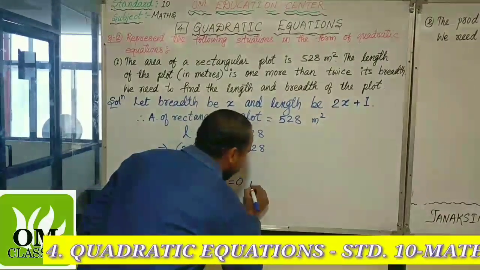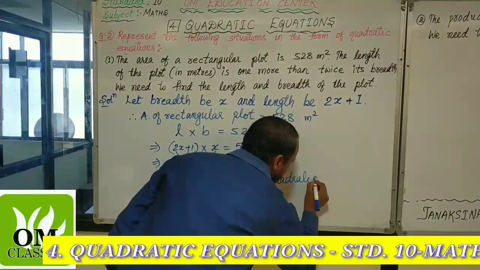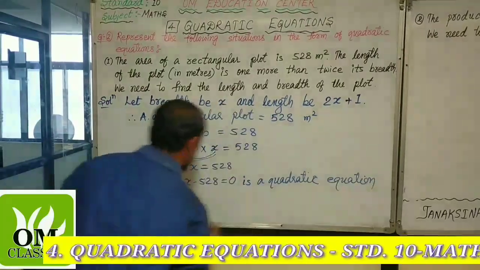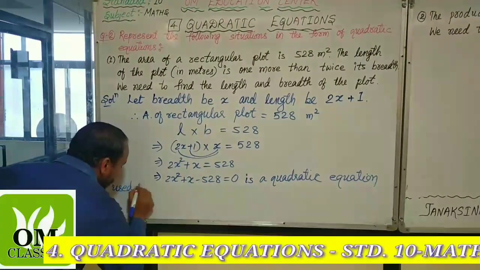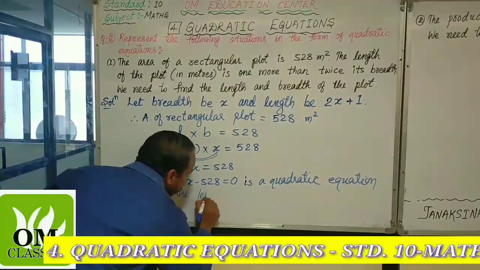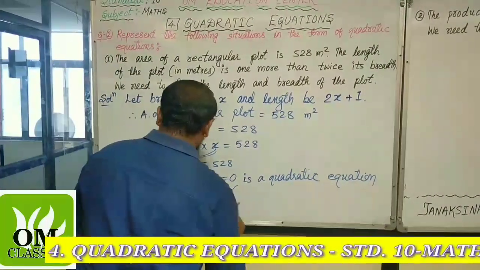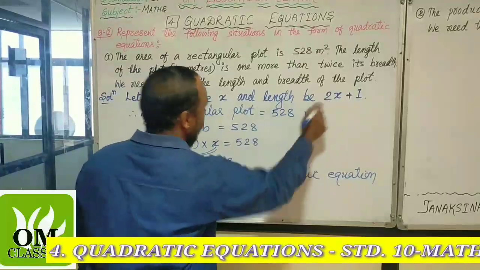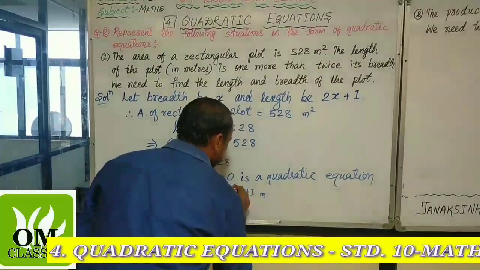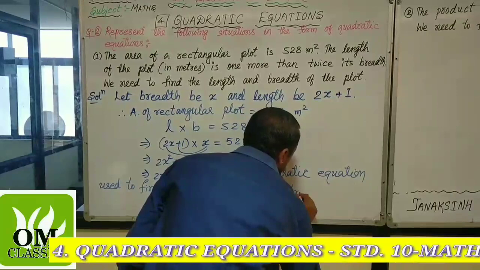ठीक है, तो this is a quadratic equation used to find the length. कितनी है आपकी, आपको सॉल्व नहीं करना है इसको पूरा. यूज्ड टू फाइंड द लेंथ कितनी ली थी हमने 2x plus 1, ये लिखेंगे हम मीटर. यू कैन राइट बिगर ब्रैकेट 2x plus 1 मीटर एंड breadth.